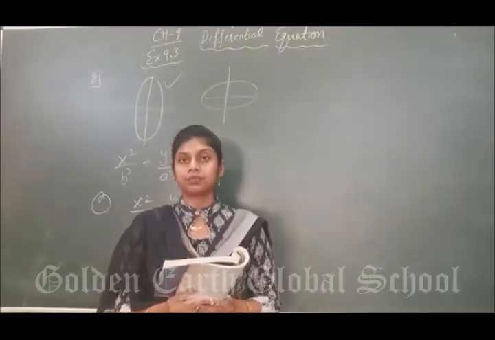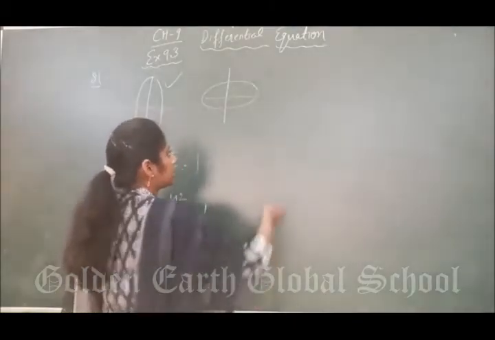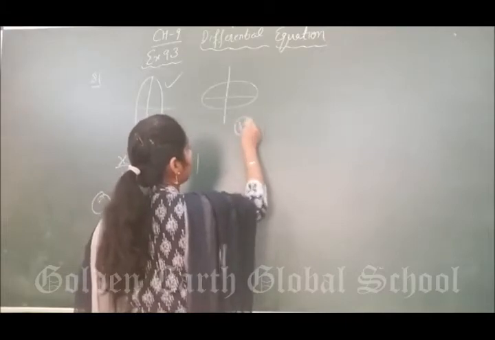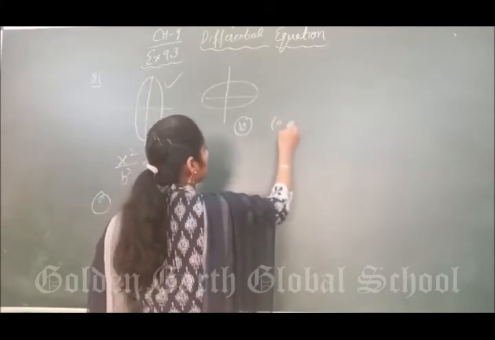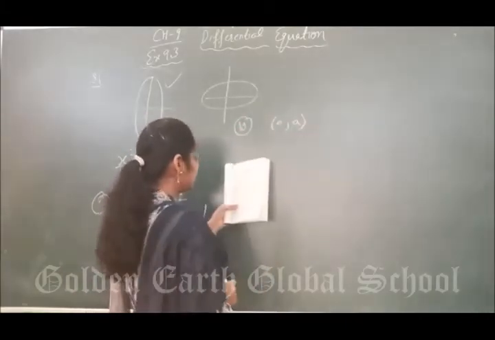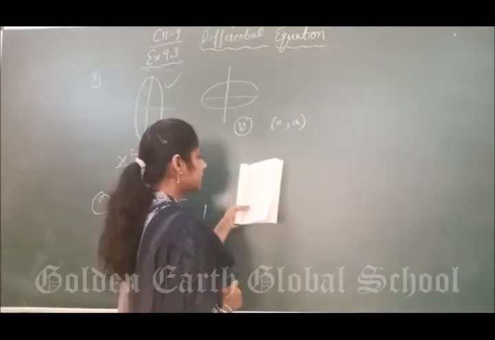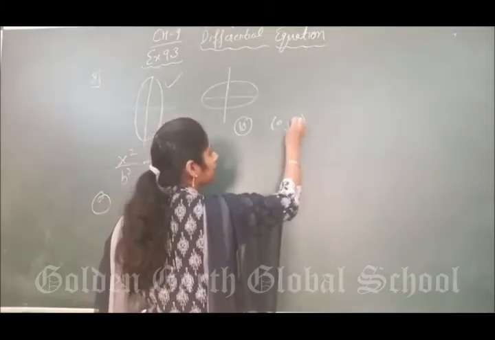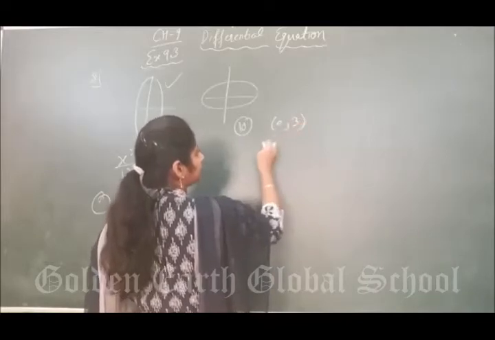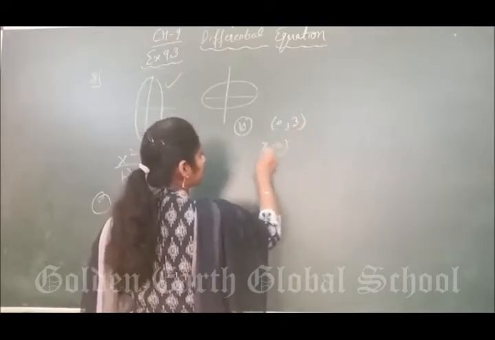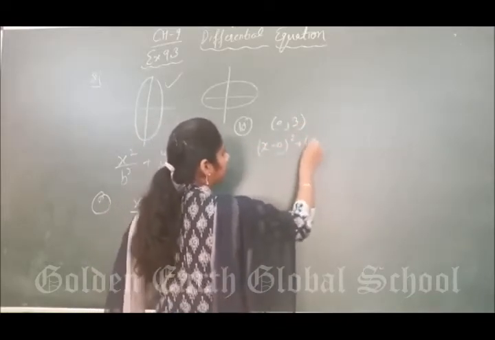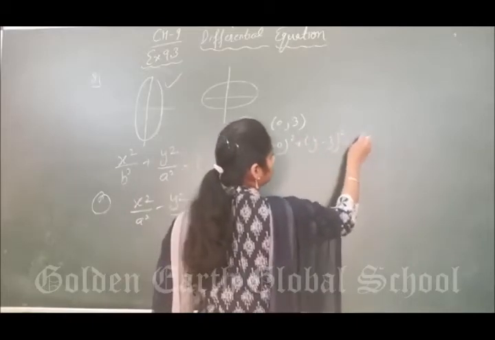Again see, the center is on the y-axis, so the center's general form is (0, a), and the radius is 3. So we will consider 3 here. So x minus 0 square plus y minus a square is equal to 3 square.